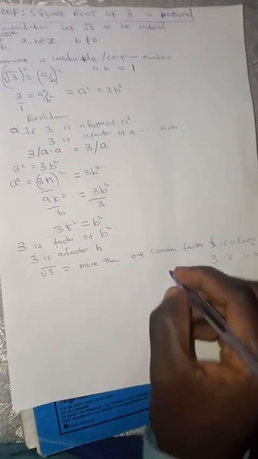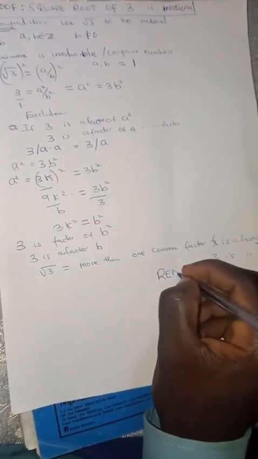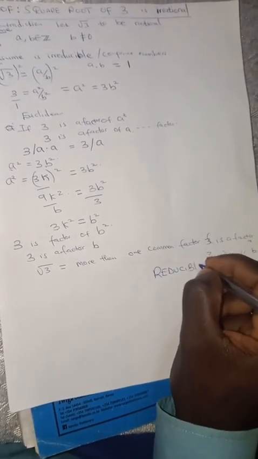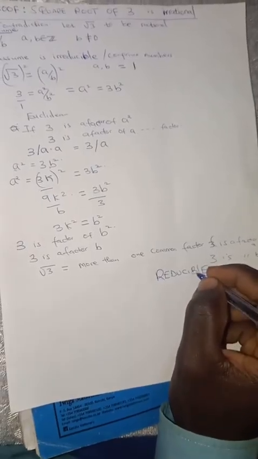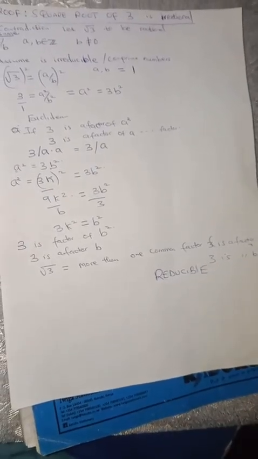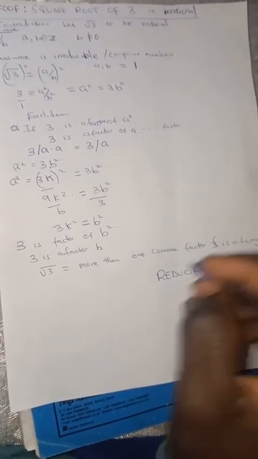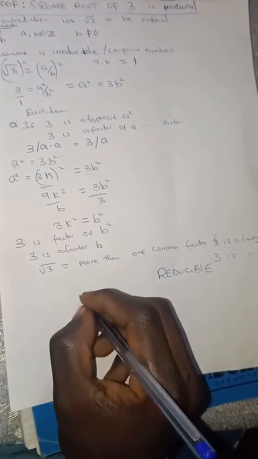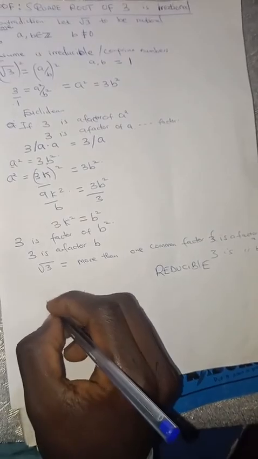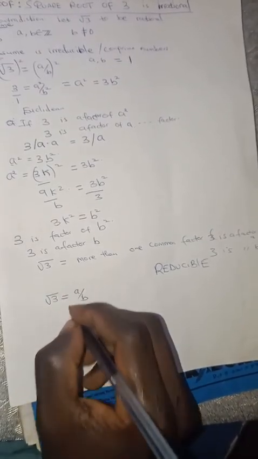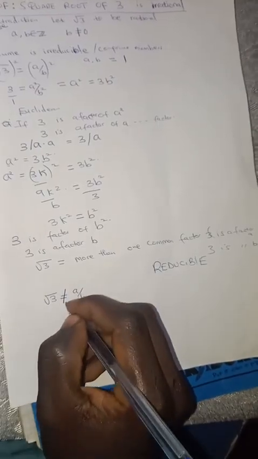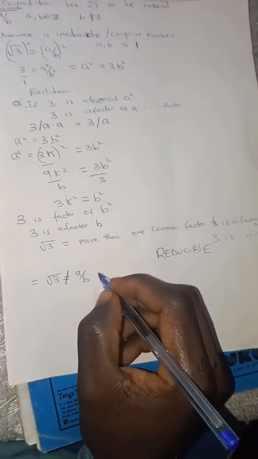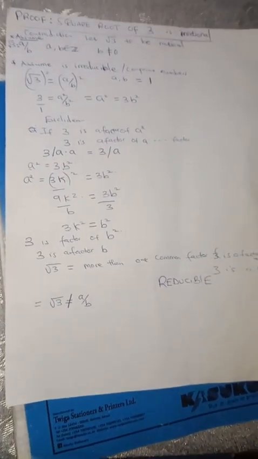This means that it is reducible, which of course contradicts our claim that it is irreducible, meaning that the square root of 3 is irrational, that it cannot be represented as a over b in form of integers.